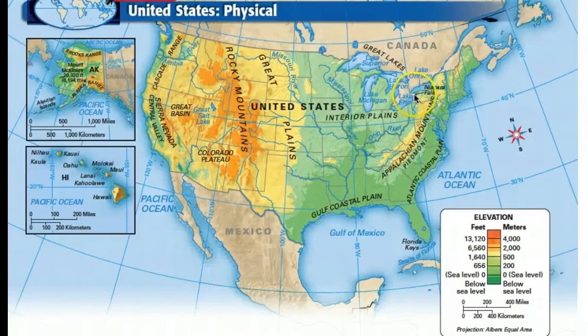The Great Lakes are Lake Ontario, Lake Erie, Lake Huron, Lake Michigan, and Lake Superior. The Mississippi River is also a major waterway that empties into the Gulf of Mexico. Two tributaries that empty into the Mississippi River are the Ohio River and the Missouri River.